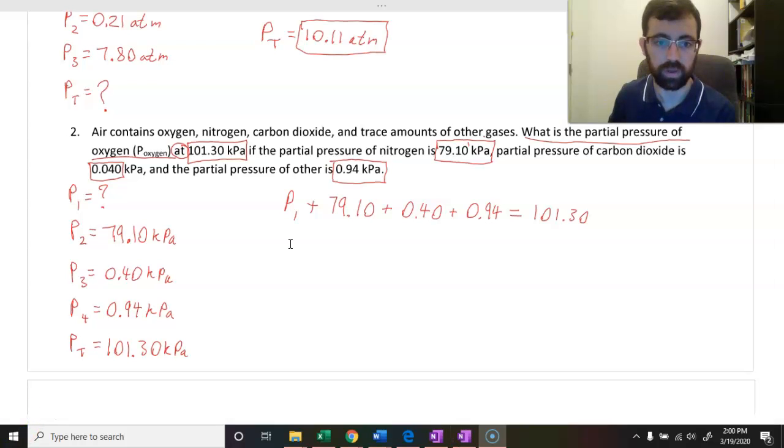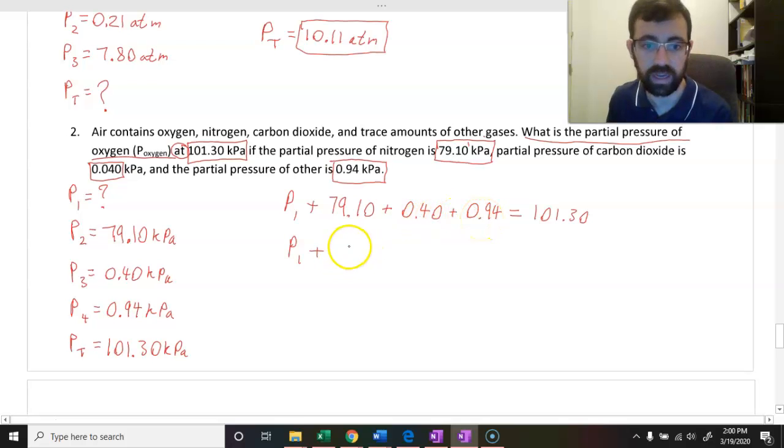So what we end up with is P1 plus, when we add 79.10 plus 0.40 plus 0.94, you get 80.44, equals 101.30.